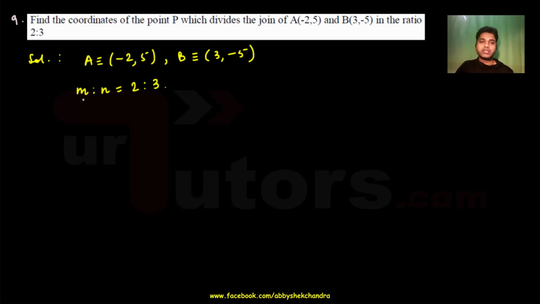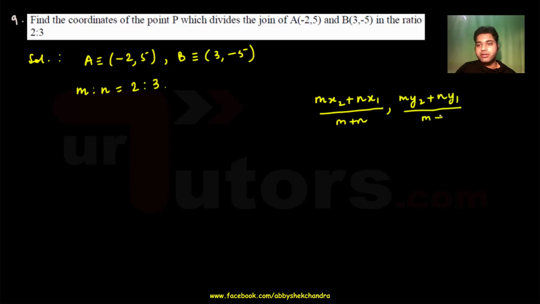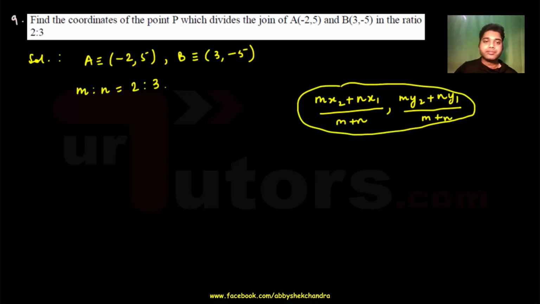Now any point which divides the join of 2 points A, B in the ratio m is to n has coordinates given by (mx2 plus nx1) by (m plus n) and (my2 plus ny1) by (m plus n), right? So we are going to use this result here.